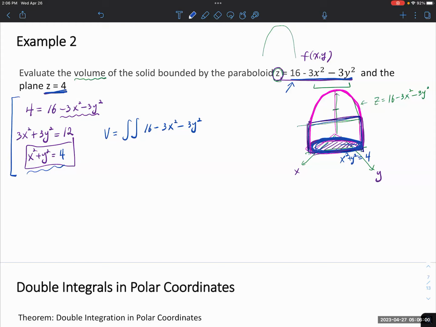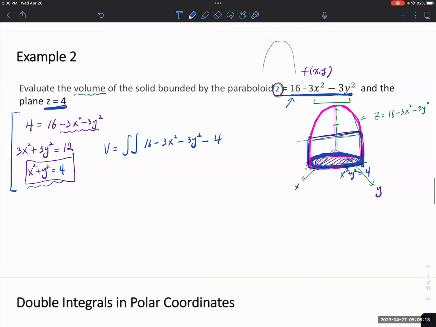If you have two functions going on, we are looking for the volume between them. So one function minus the second function. Do you remember the area between two functions? Let's say this is f of x, this is g of x. I'm looking for the area between the common a to b. We take the integral of f of x minus g of x.